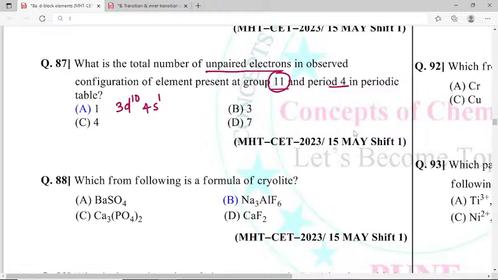So 3d10 4s1, number of unpaired electrons 1. So this is copper. Yes, very good, copper. Okay, period number 4. How to calculate the group number? 10 plus 1 becomes 11 and period number 4. So this is copper. Copper atomic number, how much? 29.